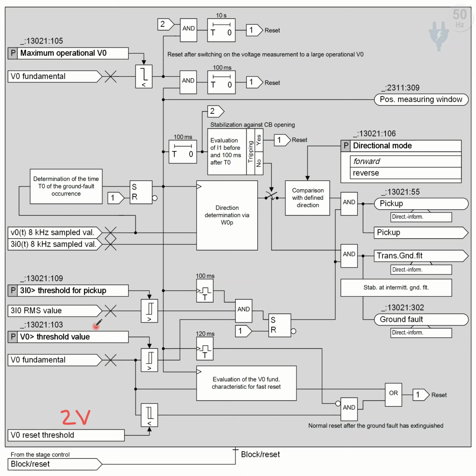Mostly we apply 15 volt for the transmission line, and whenever the fault is very high resistive, then this value may be reduced. It means we will reduce the threshold value.